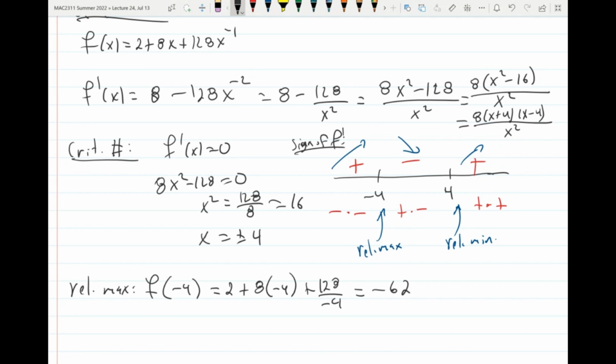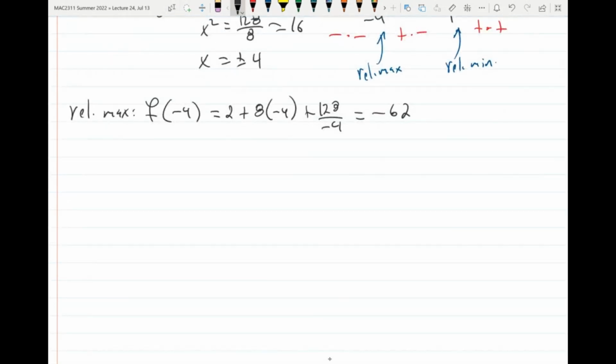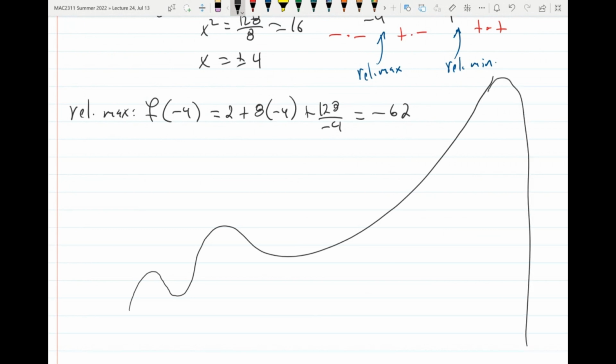Remember that these are relative extrema. I understand what the confusion is. These are relative extrema. These are not absolute extrema. The function can do this. Maybe this could be a function. This would be a relative max, and this would be a relative max, but notice that this is less than this one.